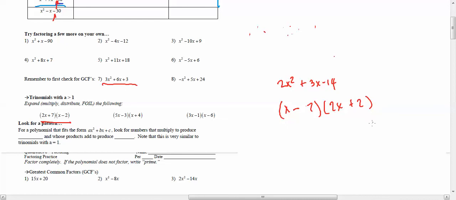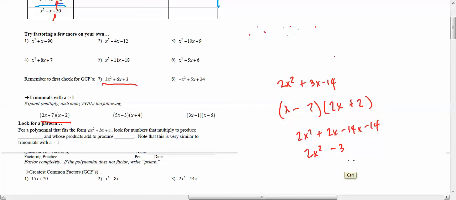Let's FOIL this out and check to see if that works. This would be 2x squared. The outers would be 2x. The inners would be negative 14x, right? And the last would be negative 14. So that would be 2x squared minus 3x. No, not minus 3x.